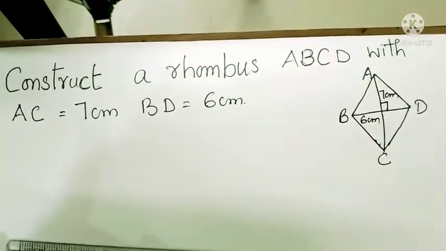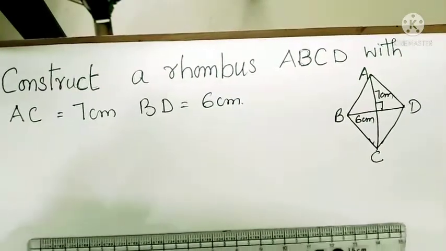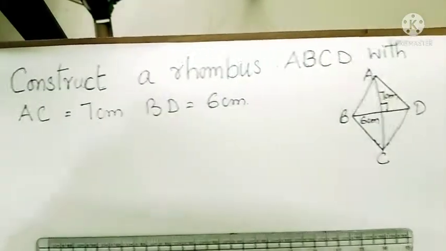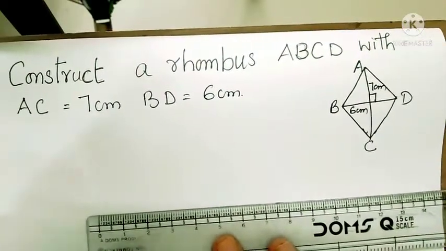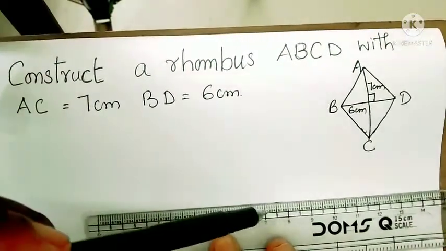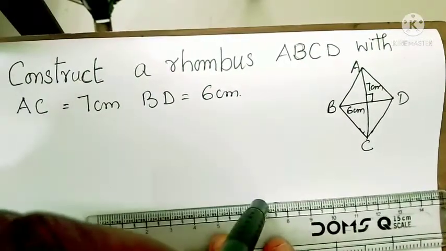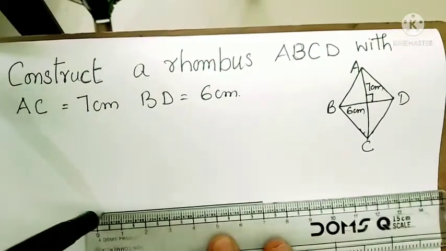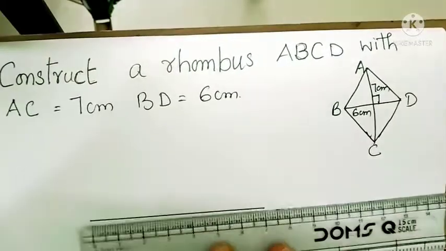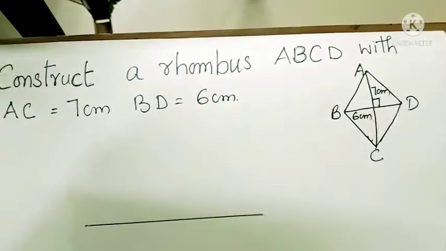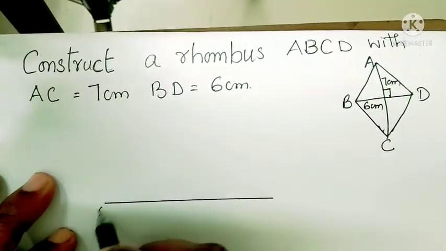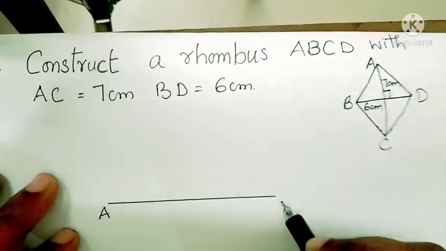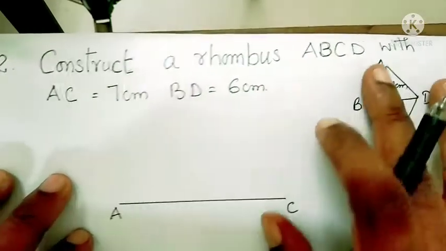So what is the first step? First draw a line segment of 7 centimeter. So here is the line segment of 7 centimeter. You can draw either one, but I took 7 because 6 upon 2 will be easier than 7 upon 2. So which one is 7 centimeter? AC, 7 centimeter.